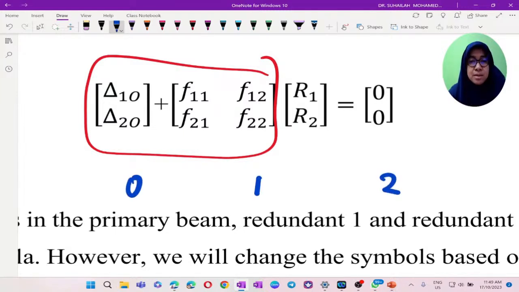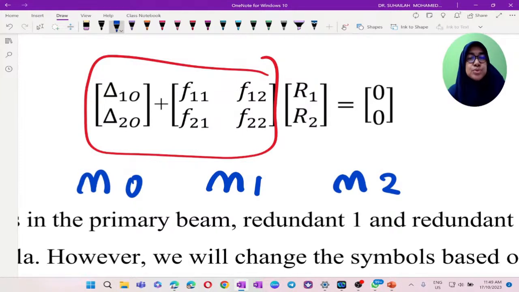What does it mean? In order to calculate displacement for beam and frame, we will write the moment equation, which we label by M naught, M1, M2. This is for beam, this is for frame.